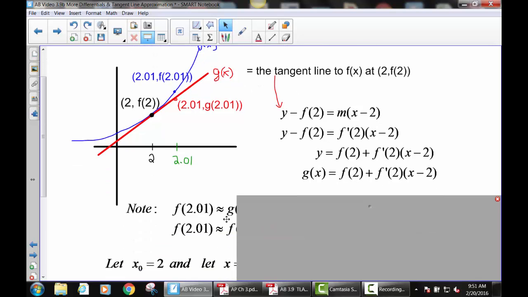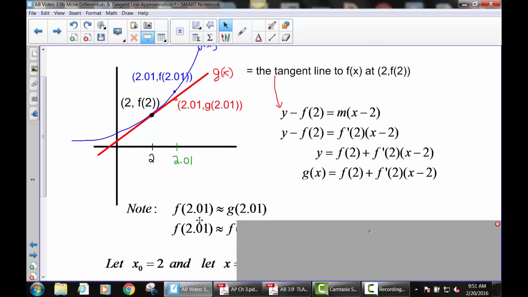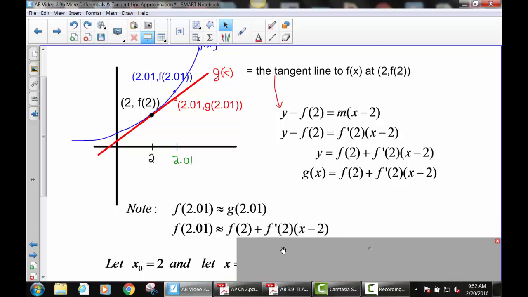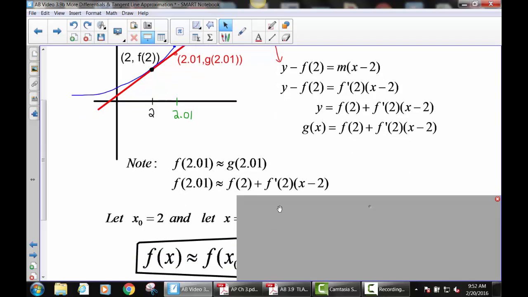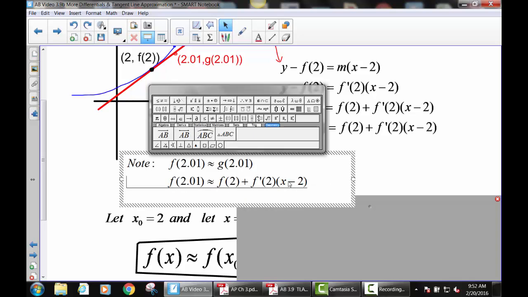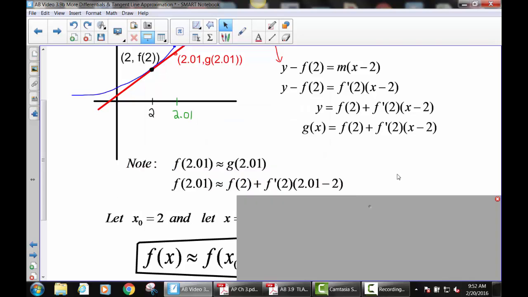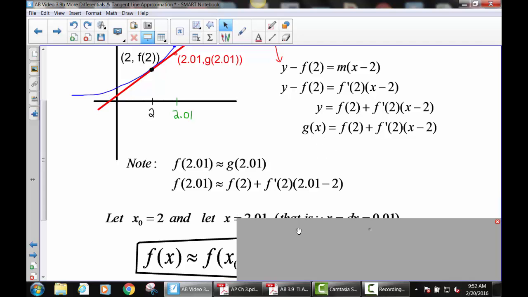Now, when you look at the graph, and we just talked about this, f of 2.01 is very close to g of 2.01. The heights of these two points are very, very close to each other. But what is g of 2.01? G of 2.01 is f of 2 plus f prime of 2 times 2.01 minus 2, right, because I'm evaluating g of 2.01, so I'll replace the x here by 2.01.